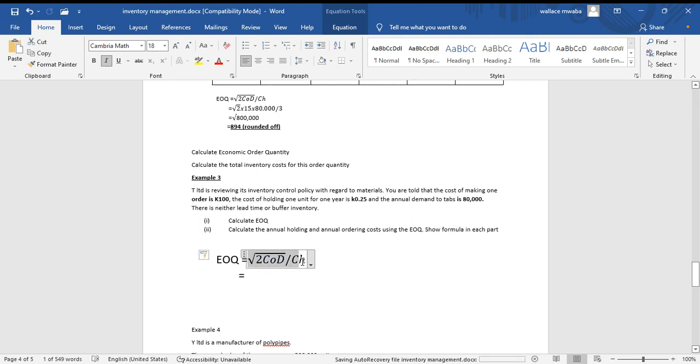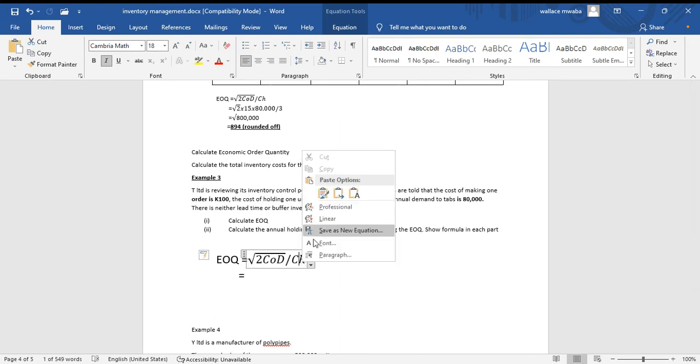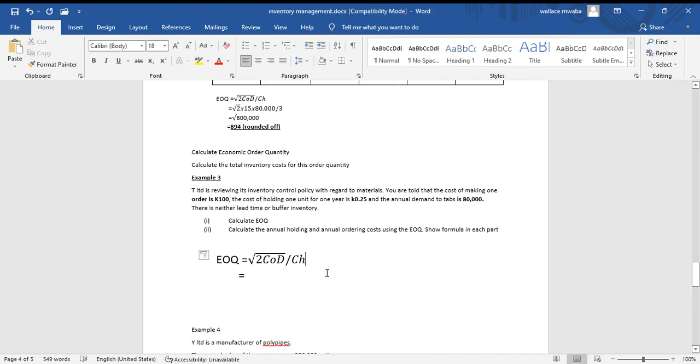Our reordering cost is 100 kwacha. Our holding cost is 25 ngwe per unit. That's the annual holding cost. And the demand is 80,000.